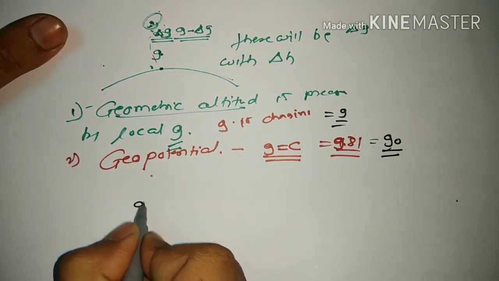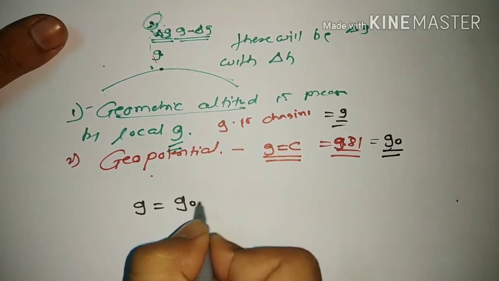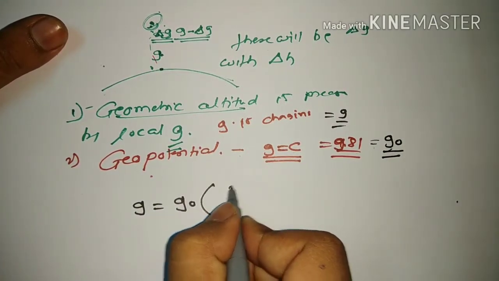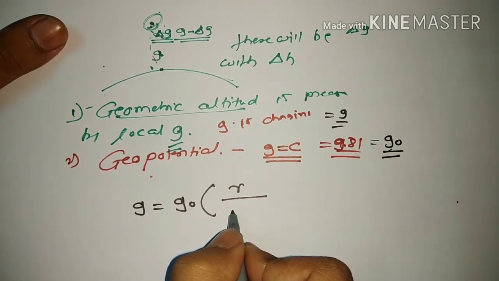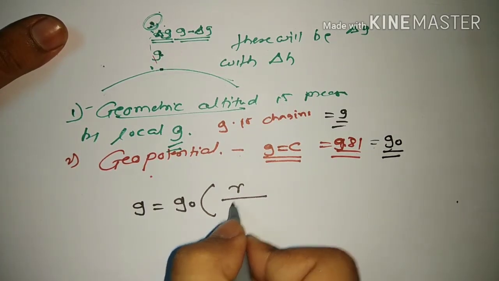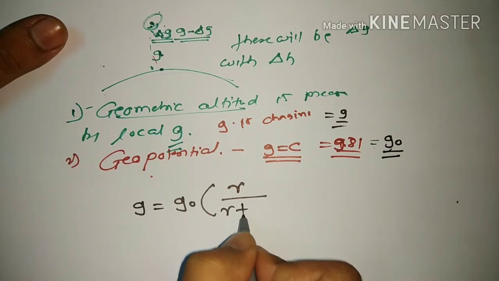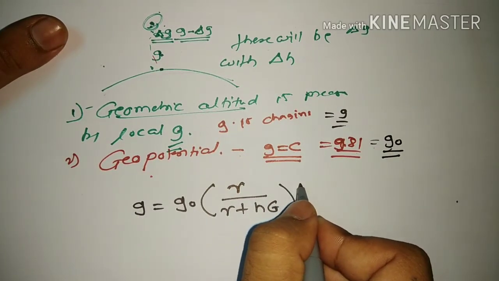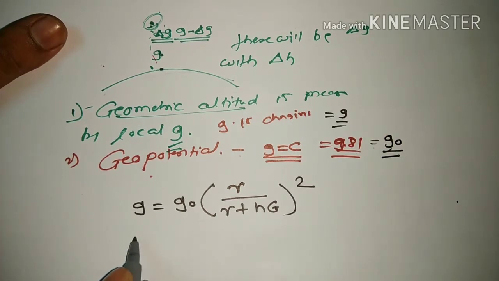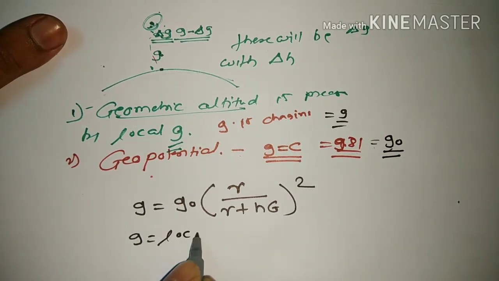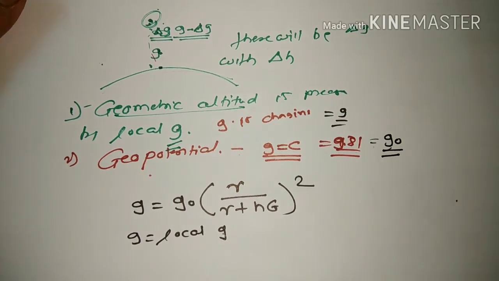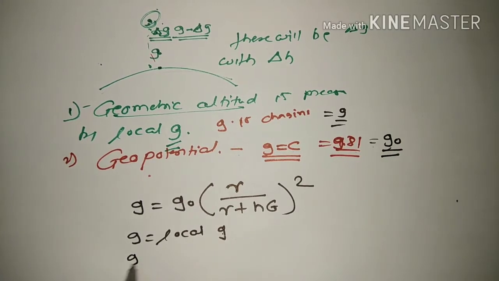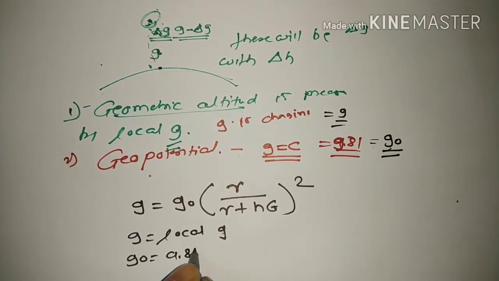So local g is equal to g0 times (R by R plus Hg) squared. Here g is the local gravitation, meaning the gravitational acceleration at that particular height. g0 is the 9.81 obviously.